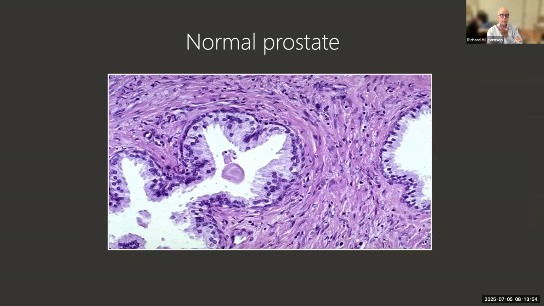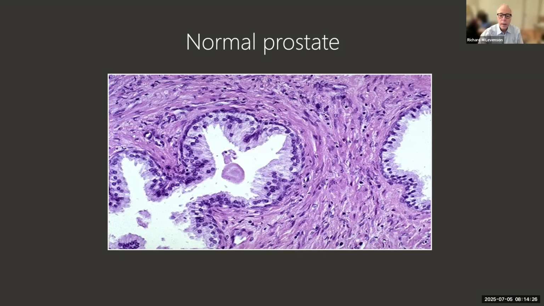So this is what we look at as another example. This is, as you can tell, normal prostate. And how do we know it's normal? The central and circular answer is because it looks normal. That's what we do. We look to see if these things resemble what we were taught represent either normal structures or abnormal, malignant or pathological deviations.